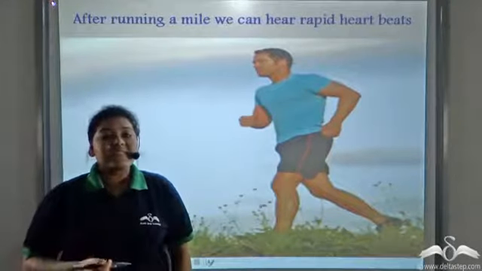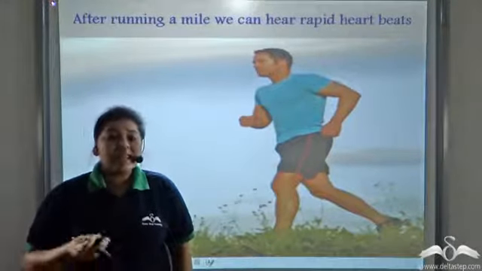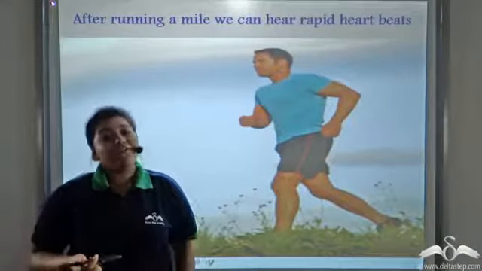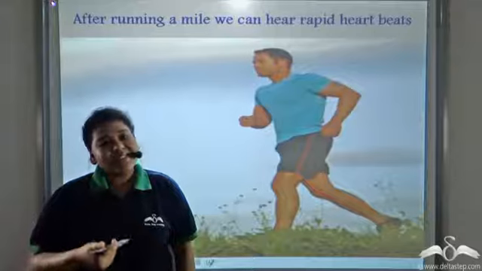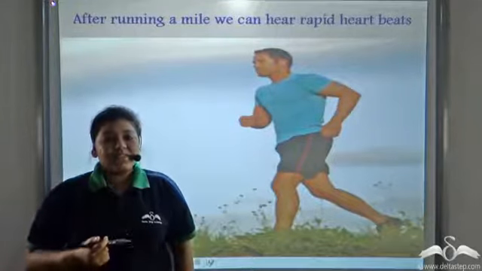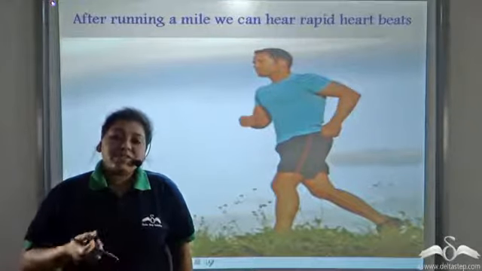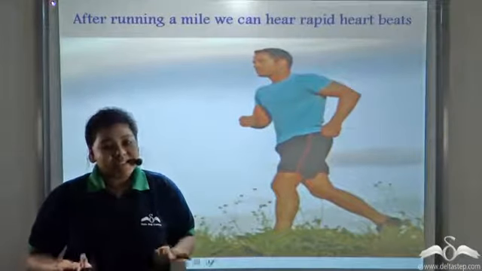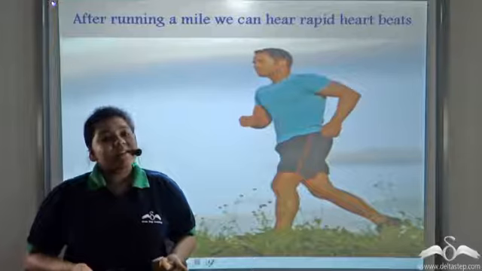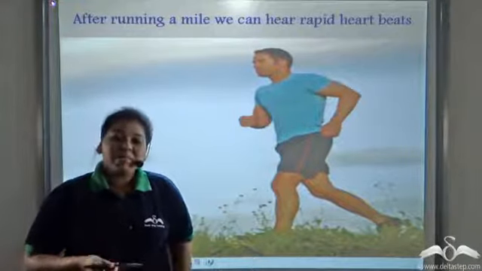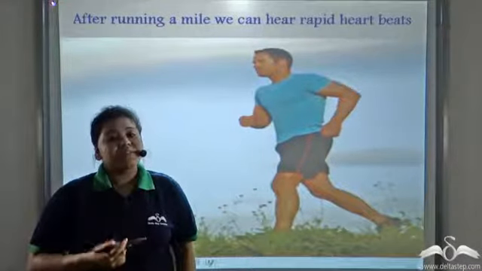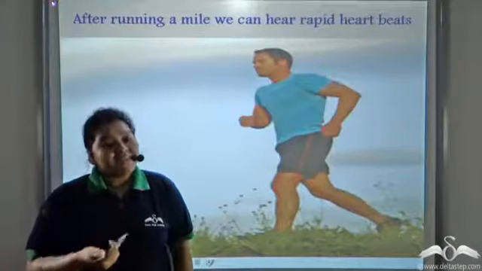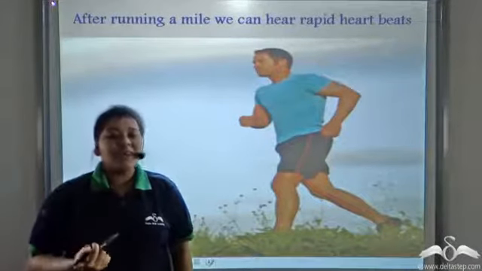And this is causing the heart sounds lub and dub because of the closing of the valves inside the heart. So since the rate of contraction and relaxation, or the heartbeat, increases, the frequency of the lub-dub sounds also becomes more. And that is the reason you are almost able to hear your own heartbeat.